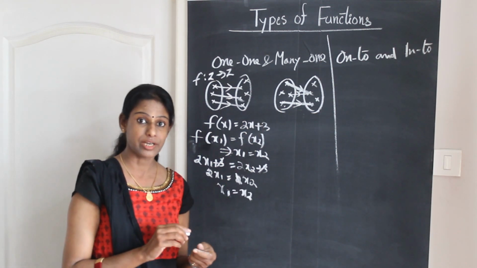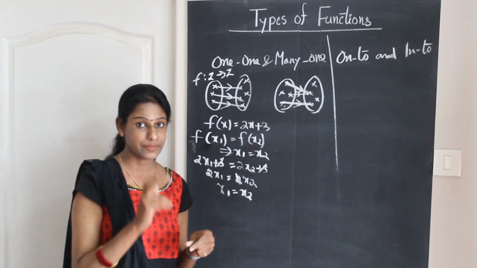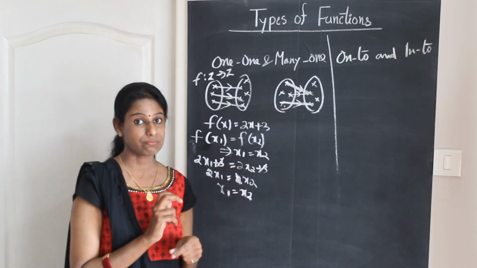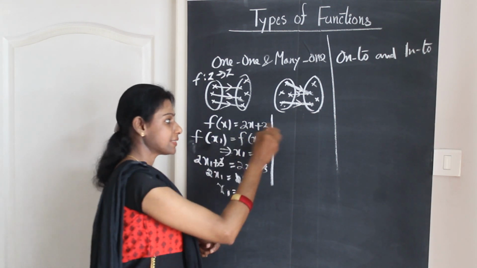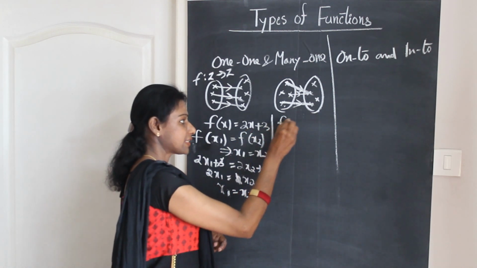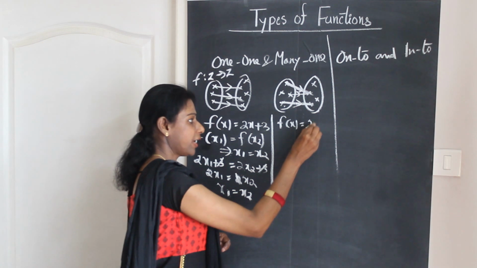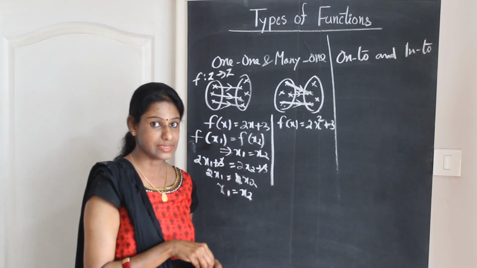Now, many-to-one means many elements of the domain are attached with a single element of the range. So if you take the same example, instead of x, take x square, that is f of x is equal to 2x square plus 3.